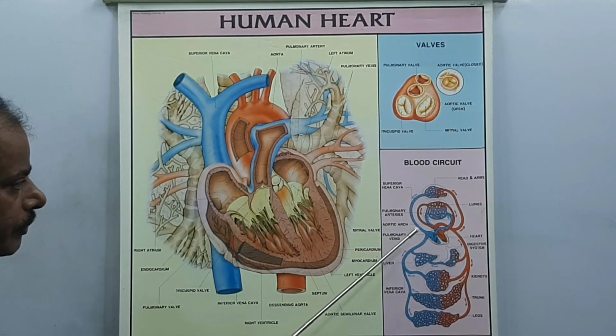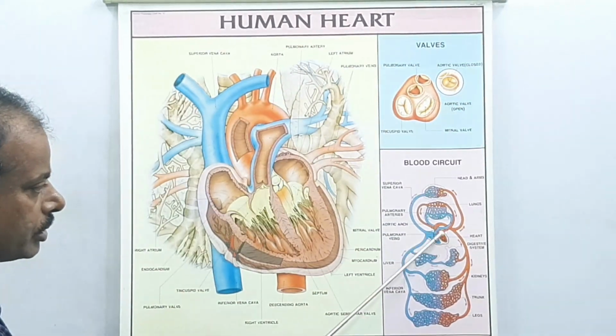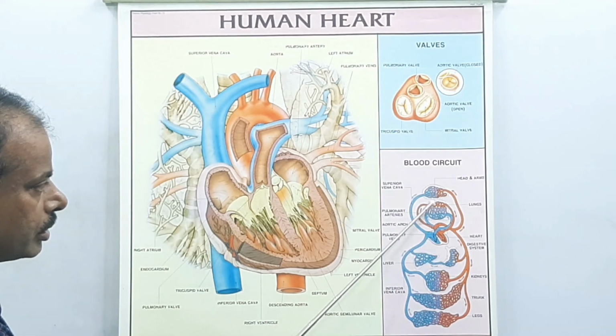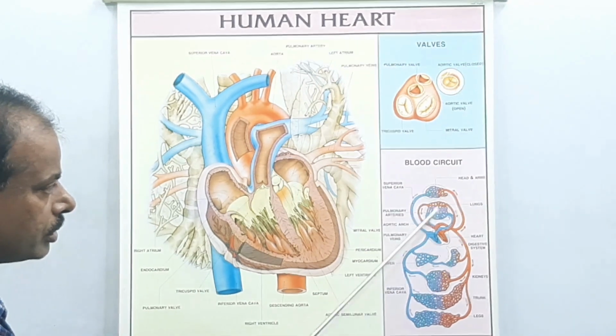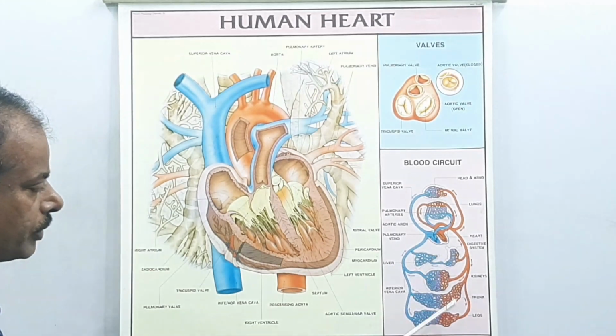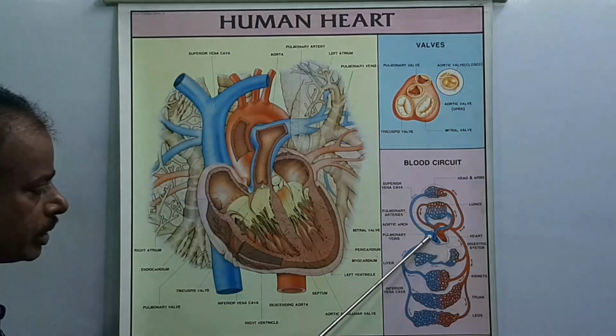Here, the blood circuit. This is the right side of the heart, and this one is the left side of the heart. Here is the head region, here the lungs, and these are again different body parts. From the body parts, blood is poured into the right auricle.